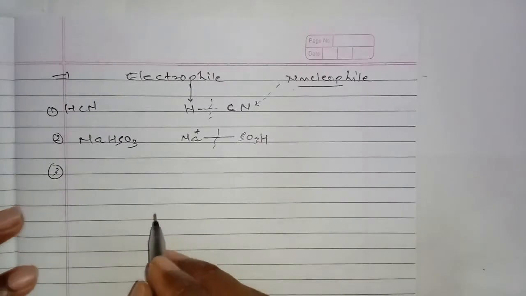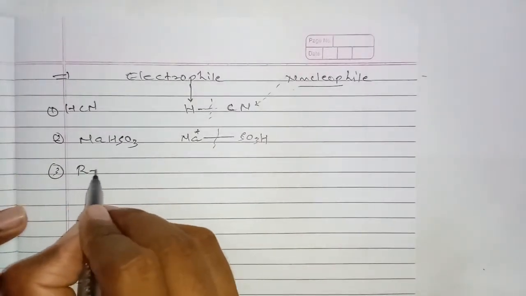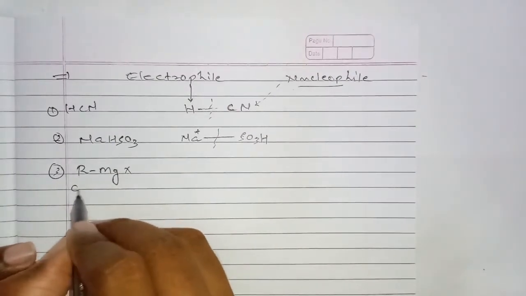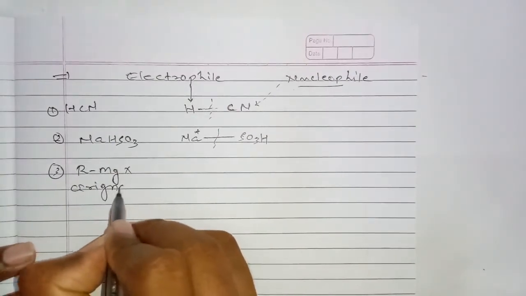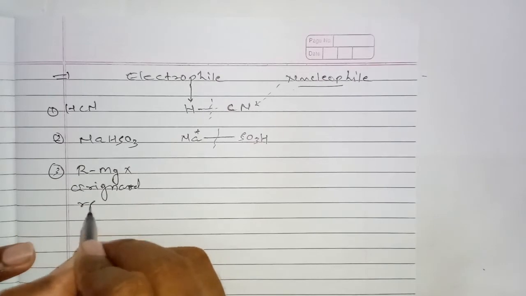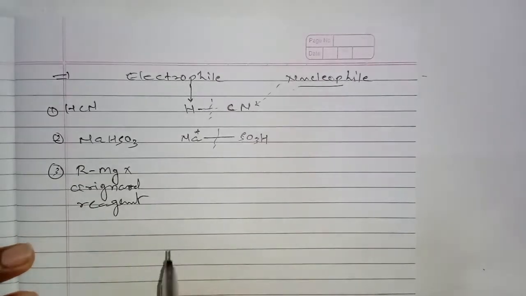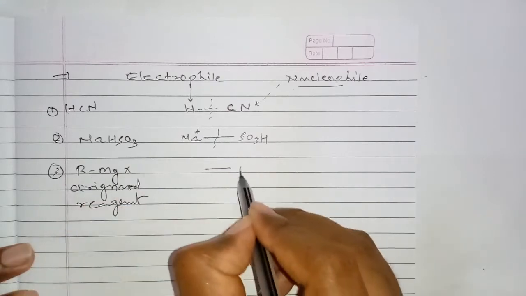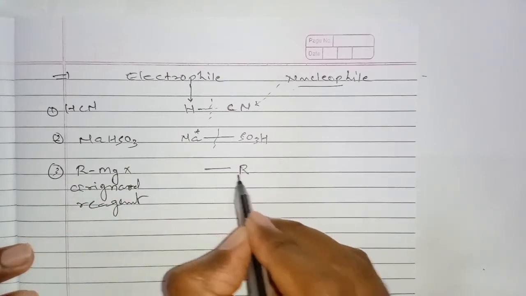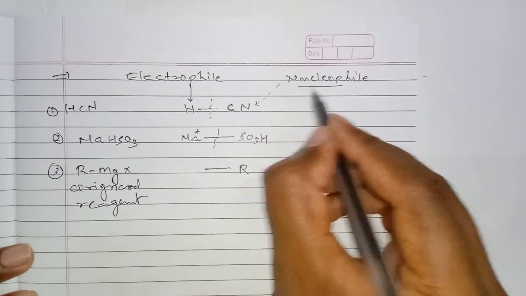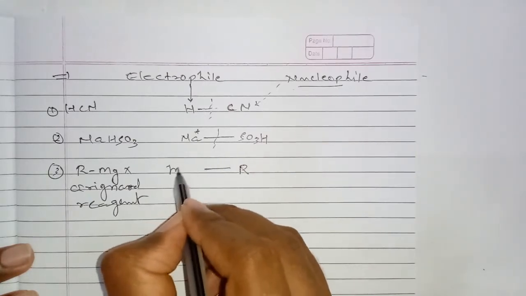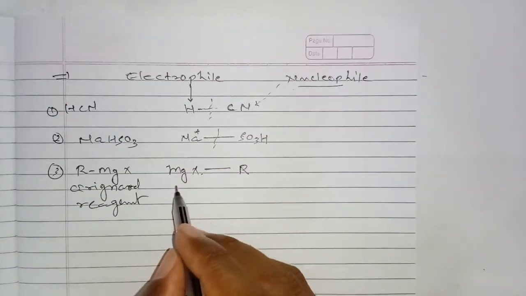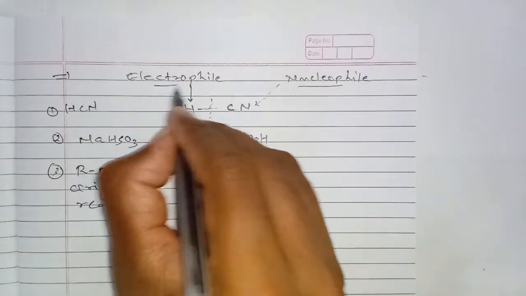Number 3, alkyl magnesium halide or Grignard reagent. Here R or alkyl acts as the nucleophile, and the MgX is the electrophile.